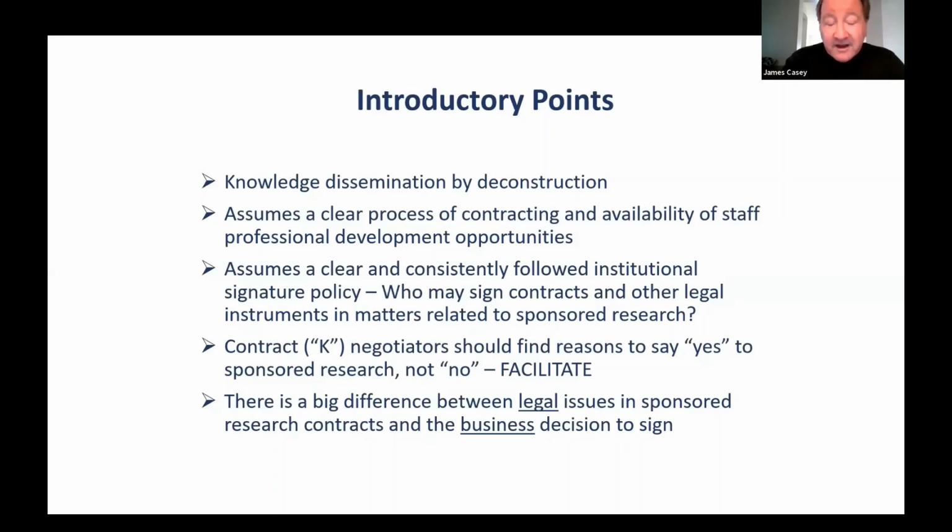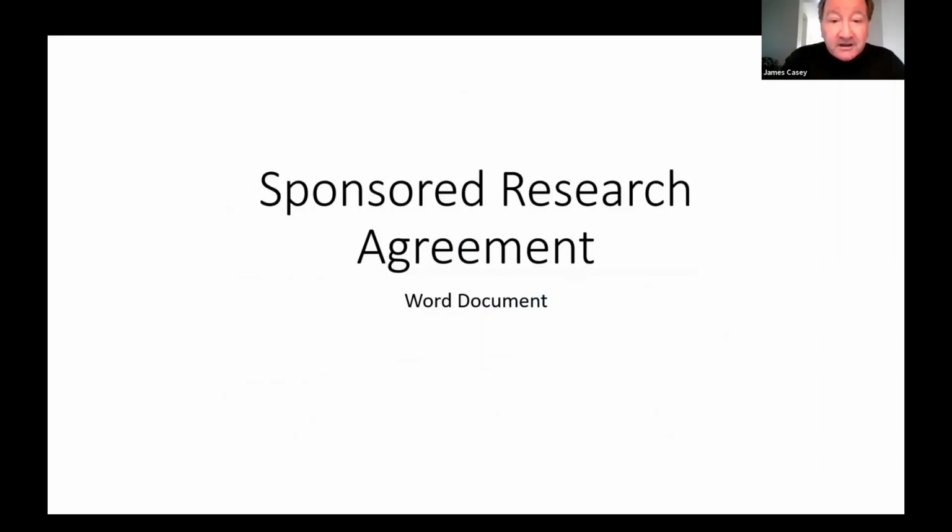So I always had faculty at each school saying, well, Jim Casey's my lawyer. And he'd tell that to the companies, and I'd be like, no, I'm not your lawyer. I am your advocate and the research administrator helping you to get to yes. So keep all these points in mind. And with that, we'll turn over to the contract itself, so we can move on to the other document.